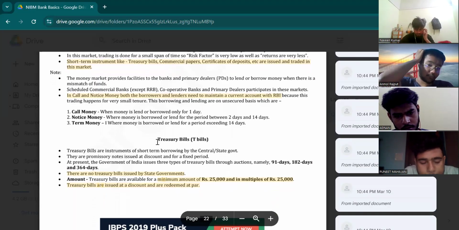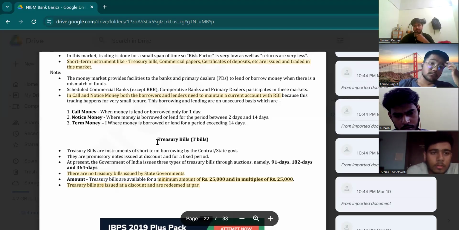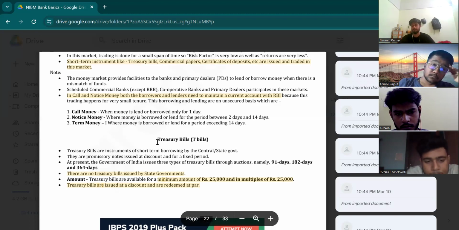For example, they issue a 182-day T-bill. Suppose it is a 100 rupee T-bill, and they say they will give a 5% interest rate. I will tell you where you can buy it. You can buy this T-bill from the RBI Retail Direct platform, where you can register yourself.